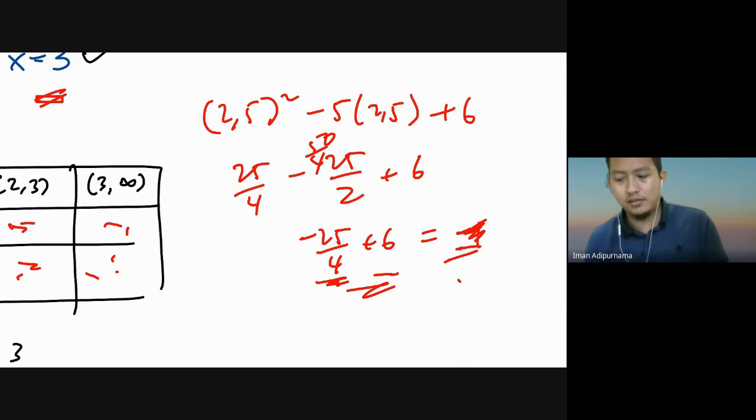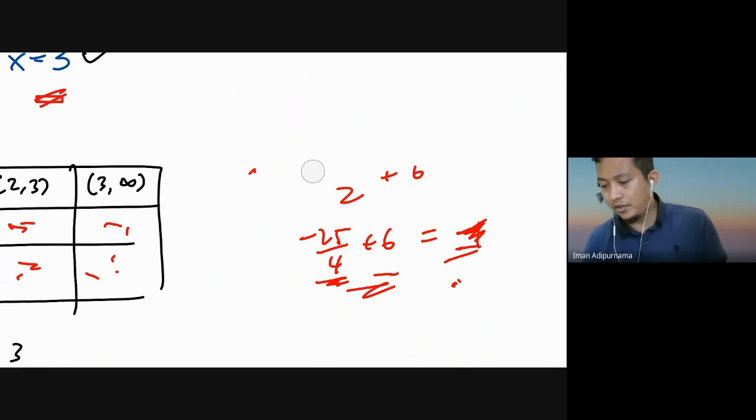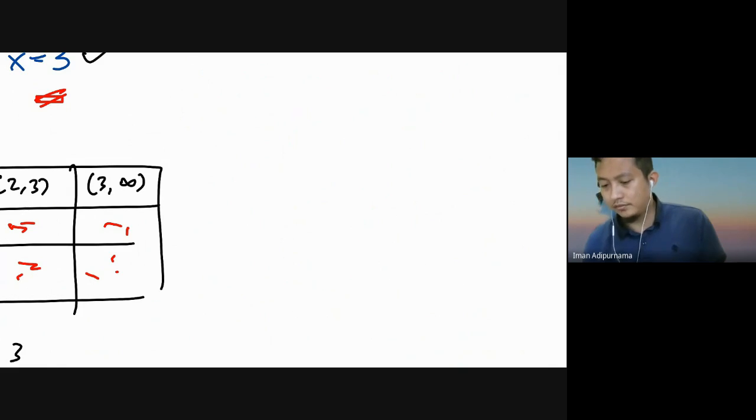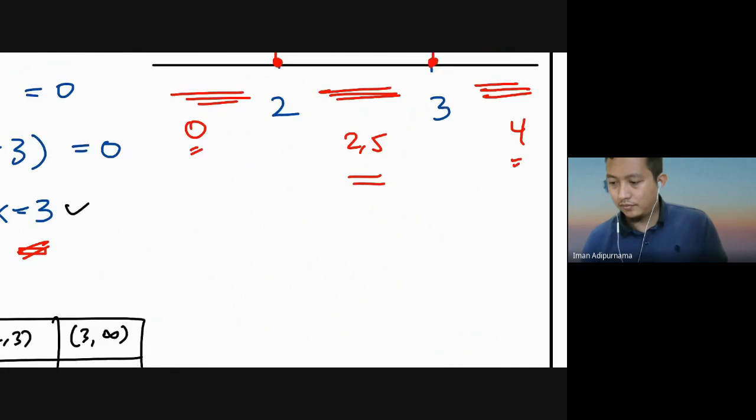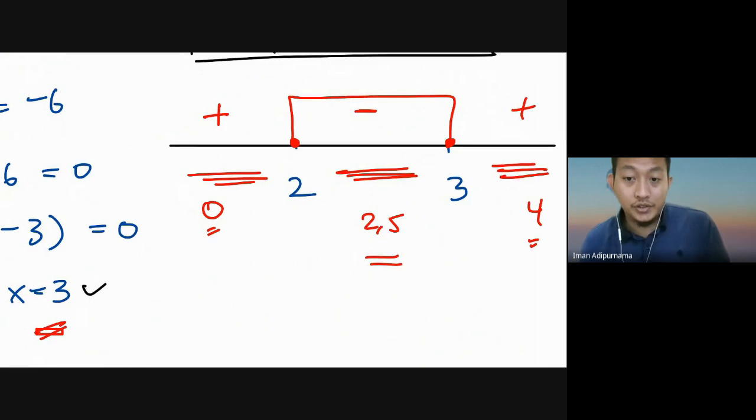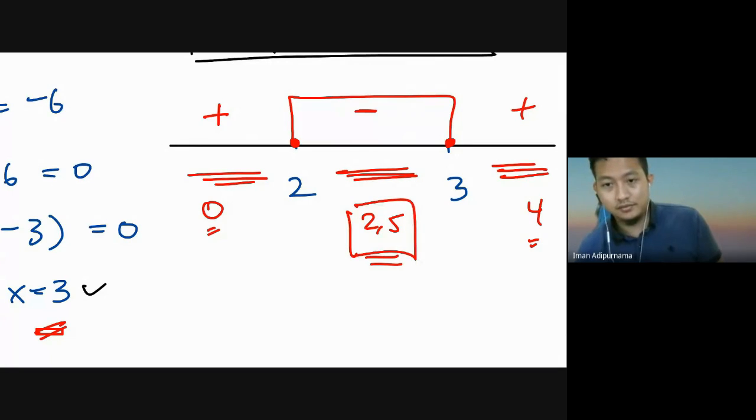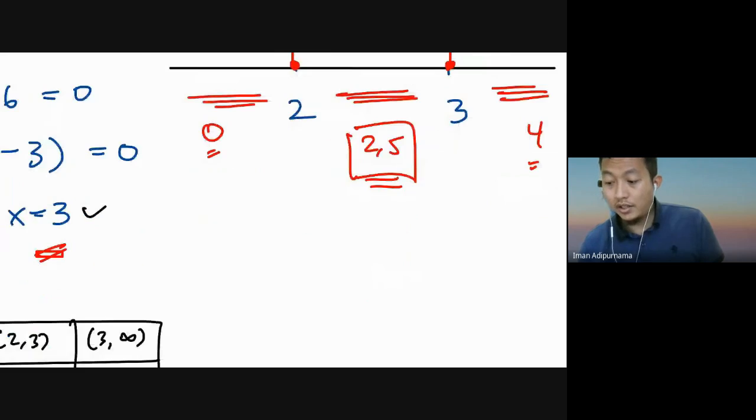Okay, let me explain one more time if you don't get it. Between 2 and 3, what number can you think of? You can use 2.1, 2.2, 2.3, but that will be difficult to count. I will try 2.5, or you can say 5/2.